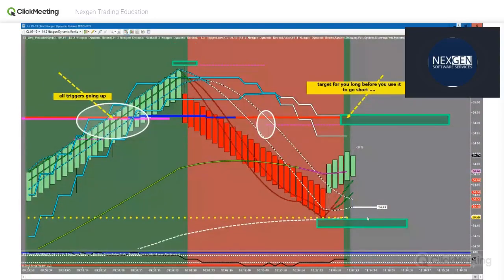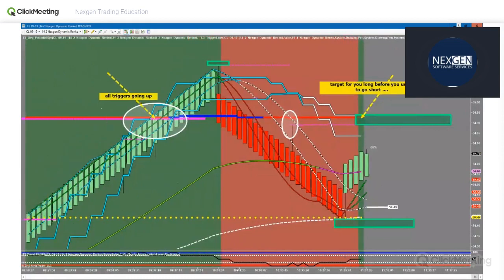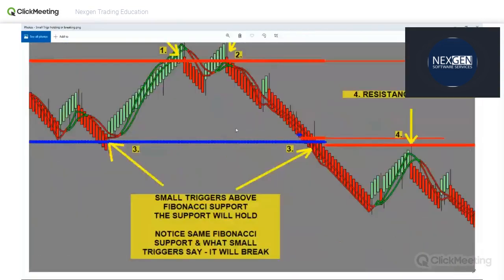So again, the whole thought process is that we're setting up an emotional structure of support and resistance. And then we use the trigger lines to determine when those are going to hold and break. This is a simple version of the same thing.